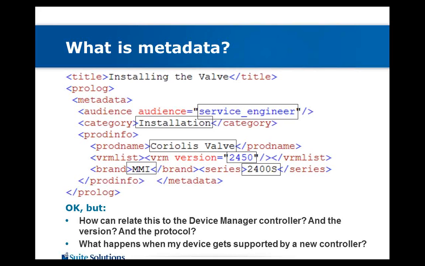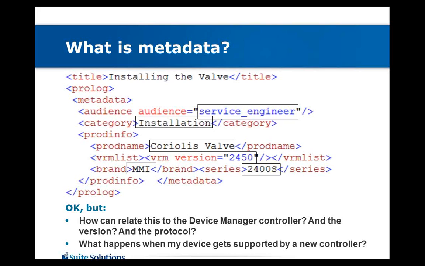So how do I relate my particular chip, my little piece, into a controller that controls a lot of these things? How about the protocol? How about what happens when my device gets implemented by new controllers or new types of equipment or new types of users are starting to use my products? So how do I relate this into the metadata of the topic? So it becomes a problem.